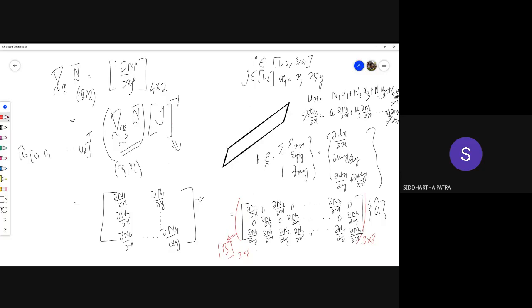You can see that if I take del N1 del xi, it is going to be linear in eta, like 1 minus eta. In other words, if I take del N1 del x, it is going to be linear in y.